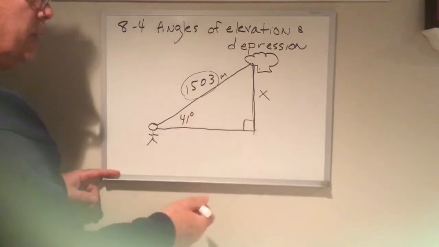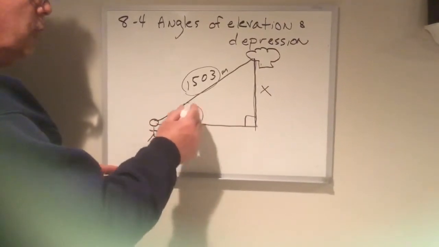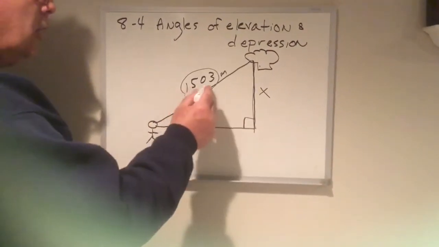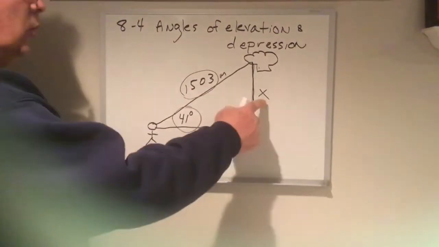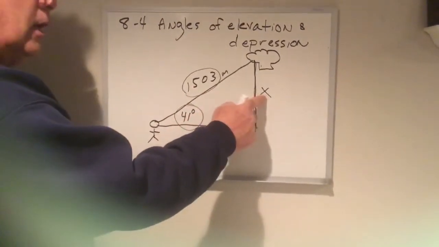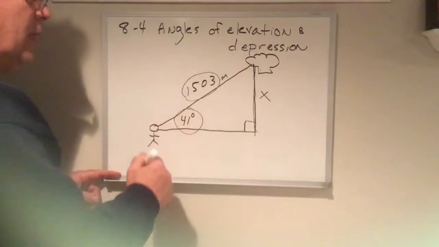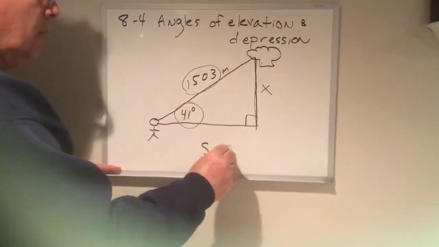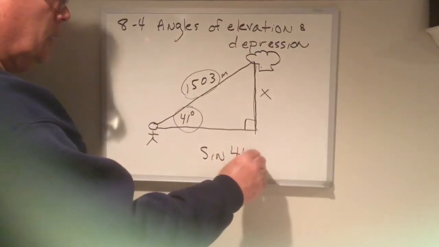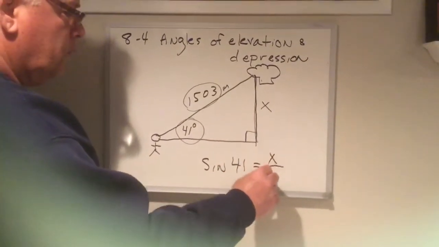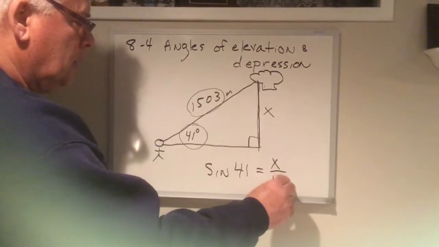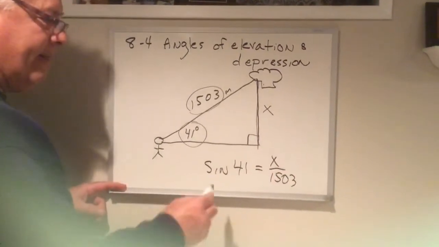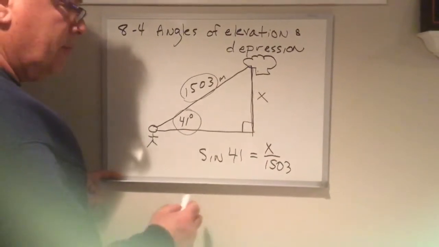Well, that's a trig problem. We're going to use the 41-degree angle. Here are two out of the three sides. We're looking for the opposite side. We have the hypotenuse. So sine 41 equals opposite over hypotenuse.